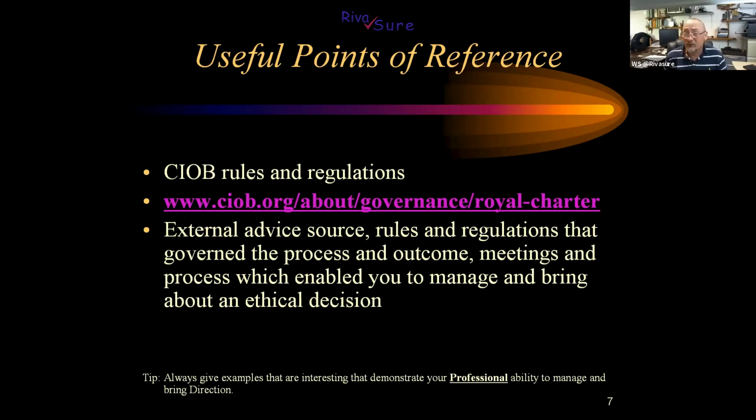Well, we've nailed this more or less right now, I would imagine, but a tip: always give an example that is interesting, that demonstrates your professional ability to manage and bring direction. And in this case, it is beyond your normal sphere of activities. That's dealt with the content of this report.